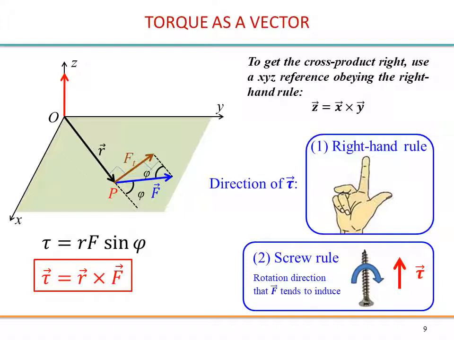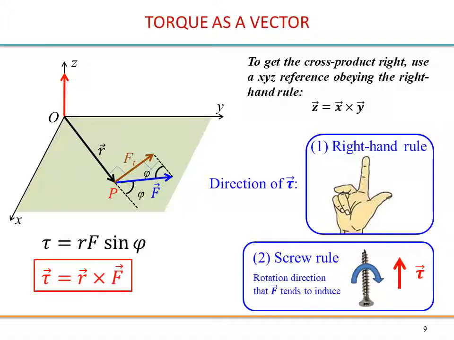So it also works to understand where the tau should point. And in fact, this rule can be used even if you don't use the cross product. If you just deal with magnitudes and you don't really want to calculate a cross product, but you still need to know where the torque will point, you can use this screw rule in this case.